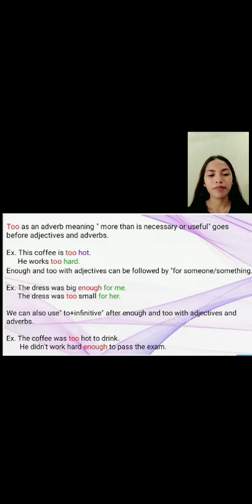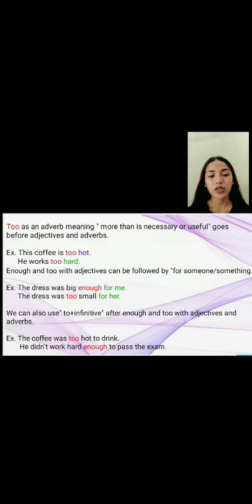Too as an adverb meaning more than is necessary or useful goes before adjectives and adverbs. So example, this coffee is too hot. Second, he works too hard. So too goes before the adjectives and adverbs. From the first example, too goes before the adjectives, and from the second example, too goes before the adverbs.